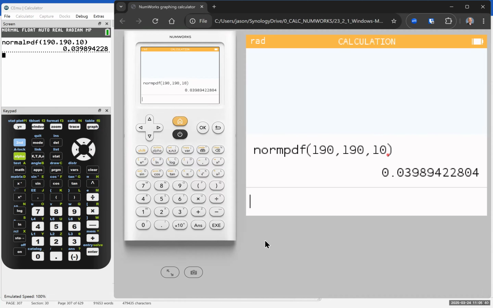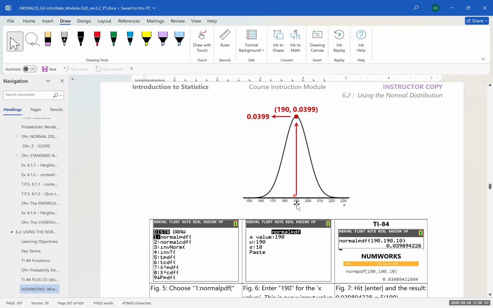So here's our distribution, where the center of it is the mean, which was 190, and it has a standard deviation of 10. So that's why it goes from 190 to 200 and 190 to 180. Okay, standard deviation of 10.